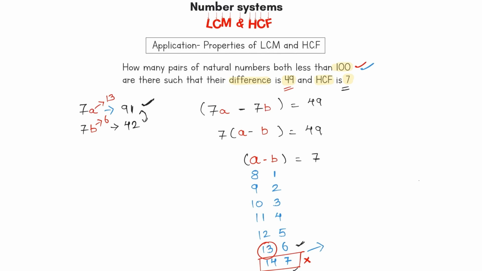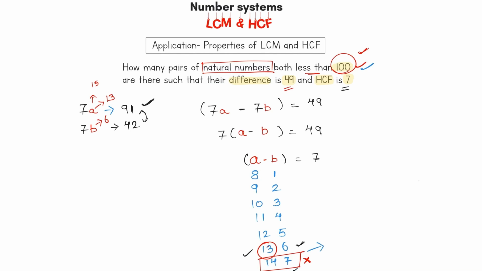But if you multiply by 15, this is 105, and the number will be greater than 100. You can't even take 14 because they are not co-prime, and you can't take 15 onwards because the number will be greater than 100. Here I know both natural numbers are less than 100, so you have to stop here.